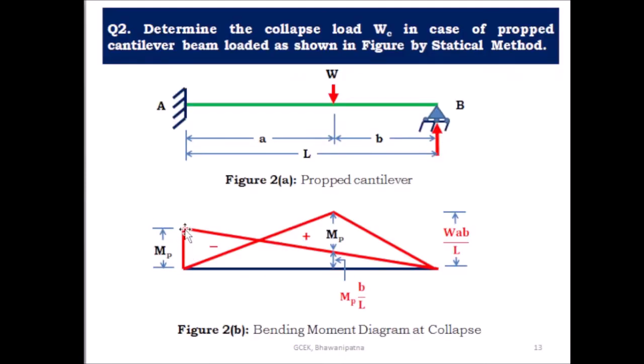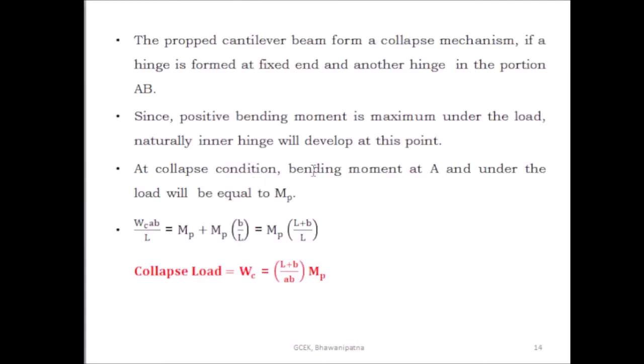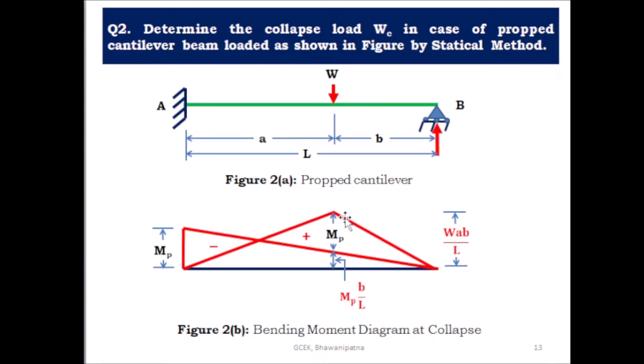At collapse condition, the bending moment at A and under the load is equal to MP. Here we know the maximum bending moment is equal to WAB by L, and we have to find the collapse load.